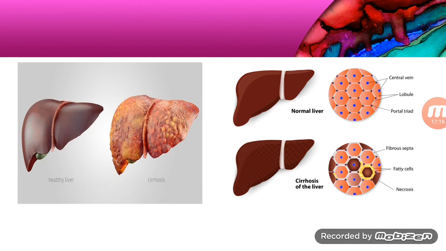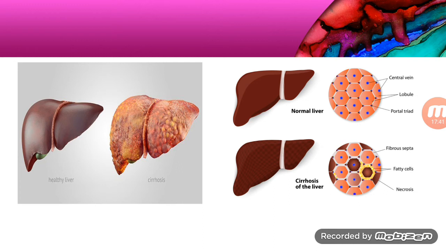First one is the normal microscopic view. The lobule, then portal triad, then central veins will be completely normal, as you can see from the picture. But in case of cirrhosis of the liver, you will be able to see the fibrous septa.